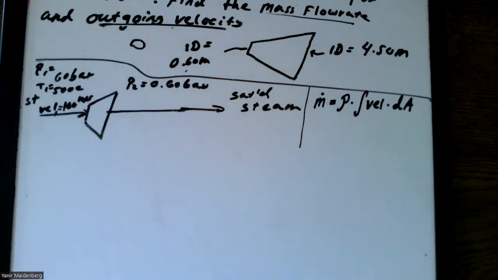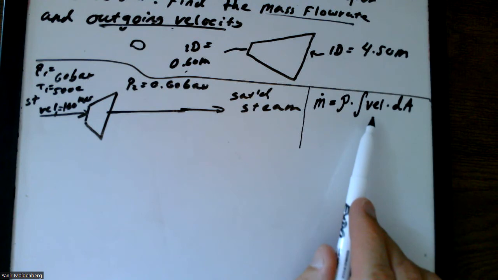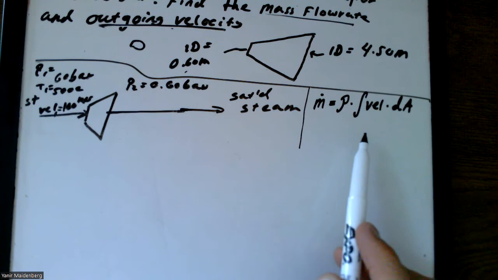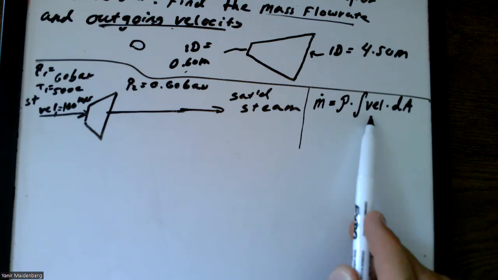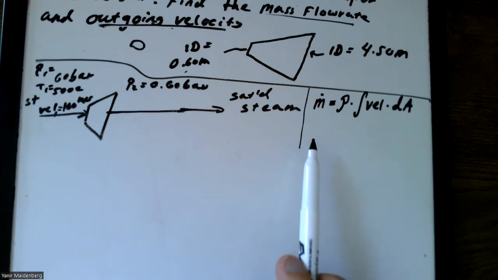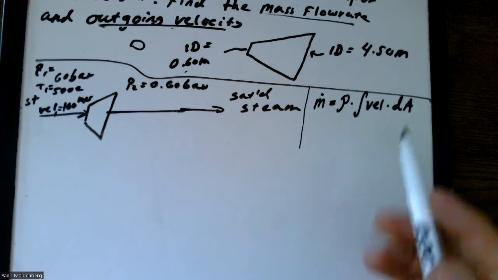The cross-sectional area for this thing is circular. Since we're not really discussing flow profiles here, we'll assume that the velocity is constant along any intersecting cross section. So that means that we could take the velocity out of the integral.